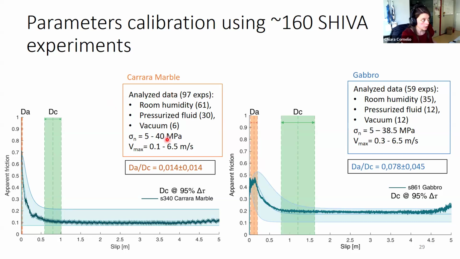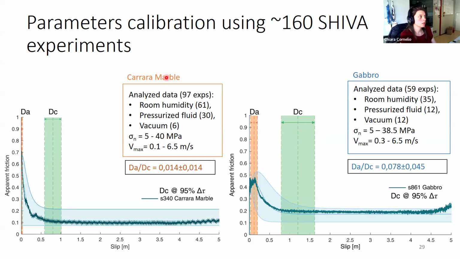We chose experiments that have a coseismic slip rate between 0.1 and 6.5 meters per second, and normal stress between 5 and 40 MPa. We also analyzed experiments performed under different conditions in terms of the presence or not of fluids, so under humidity, pressurized fluids, or under vacuum.